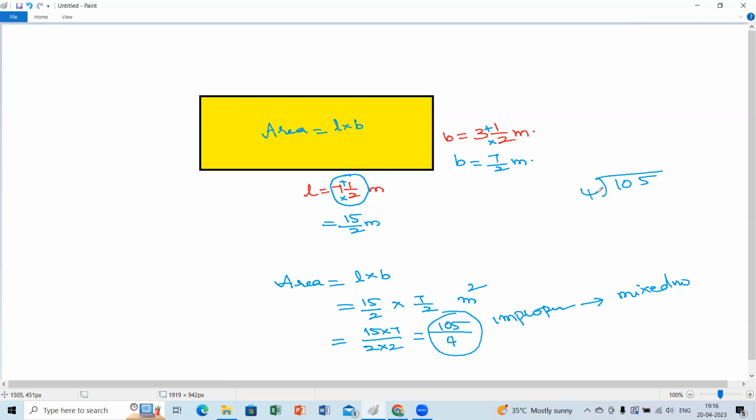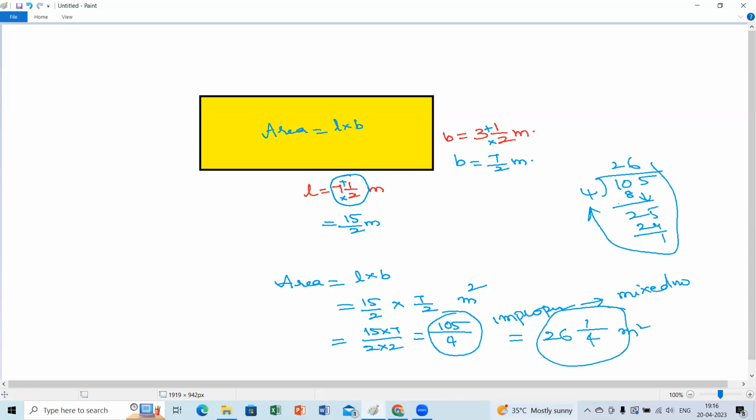By doing division. 4 2s are 8, 2 is the remainder, bring down 5. 4 6s are 24, so 1 remains. Now you have to write it this way: first the whole part as 26, then the remainder as numerator, the divisor as denominator. This is the area of the given figure.